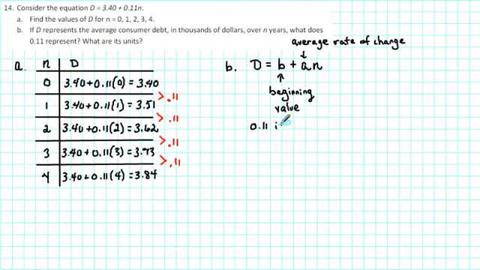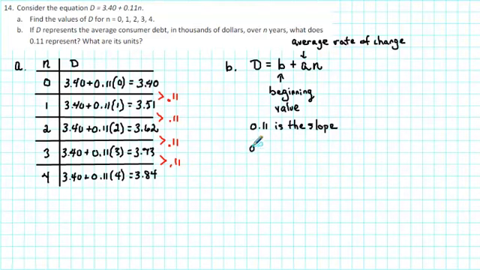0.11 is the slope. But because this is an application, it would be more important to recognize that 0.11 is also an average rate of change. So what is it the rate of change of? Well, it's the rate of change of the average consumer debt with respect to time.